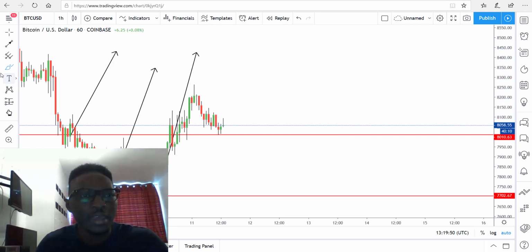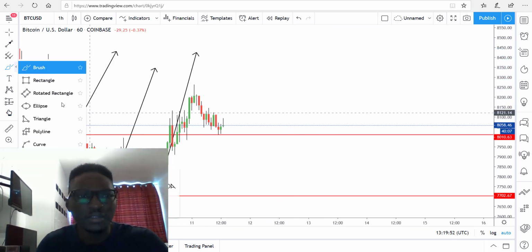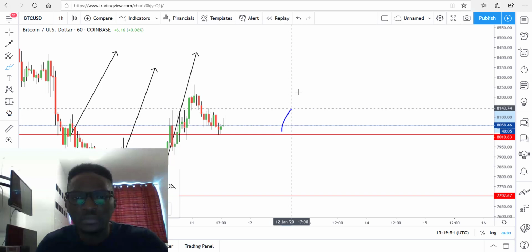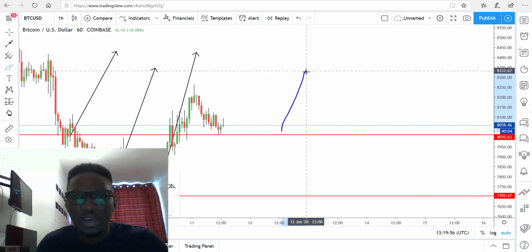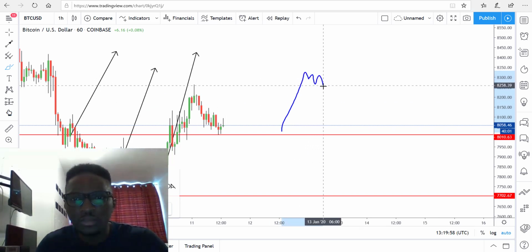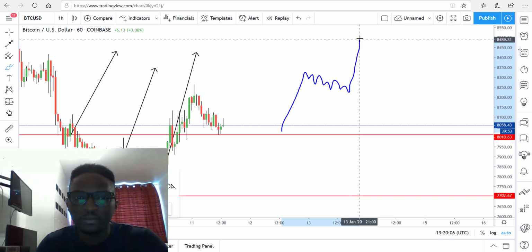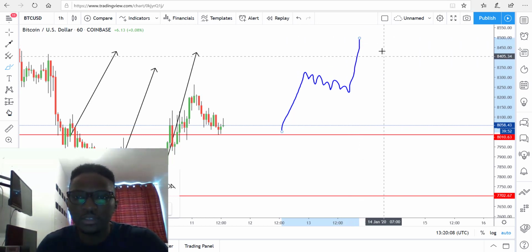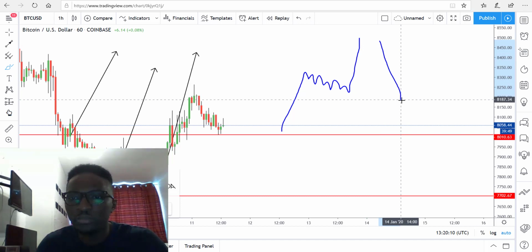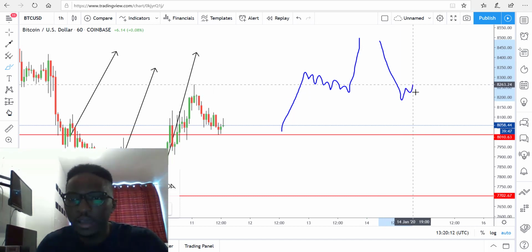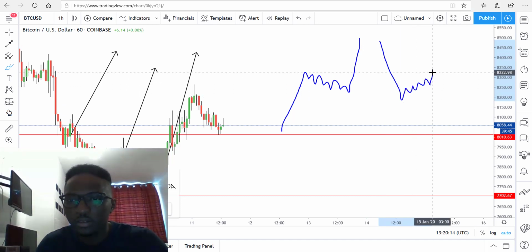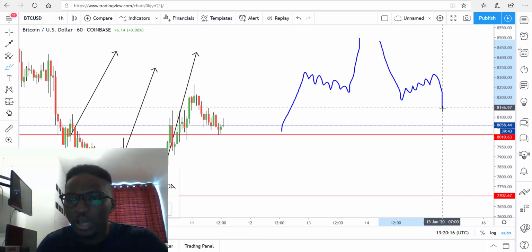When a market makes an impulse leg, it gives you some kind of correction. If you get a correction like this, 90% of the time the market is going to break to the upside. Same situation if the market is going down and it gives you a correction like this, 90% of the time it's going to go back down.